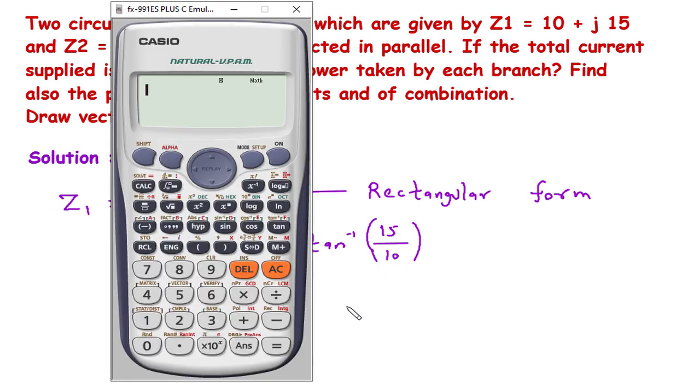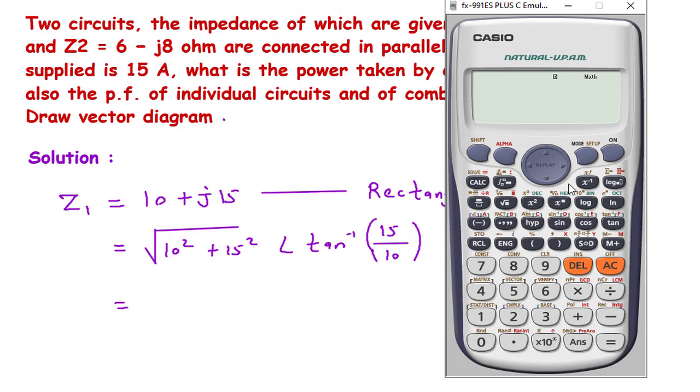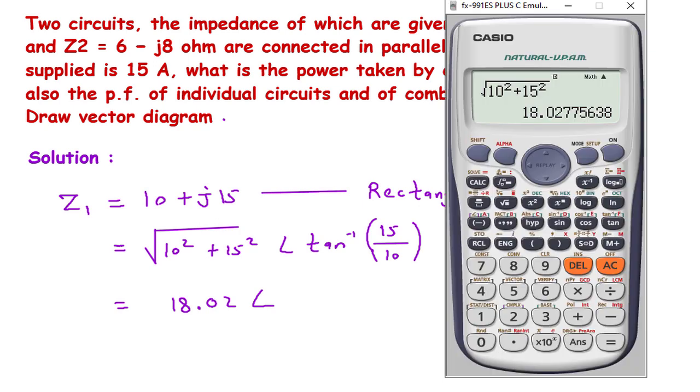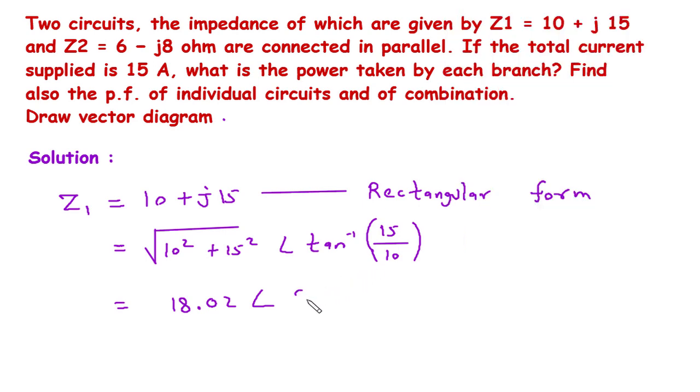So it is 18.02 at an angle of tan inverse of 15 by 10. So it is 56.30 degree. This is the polar form.